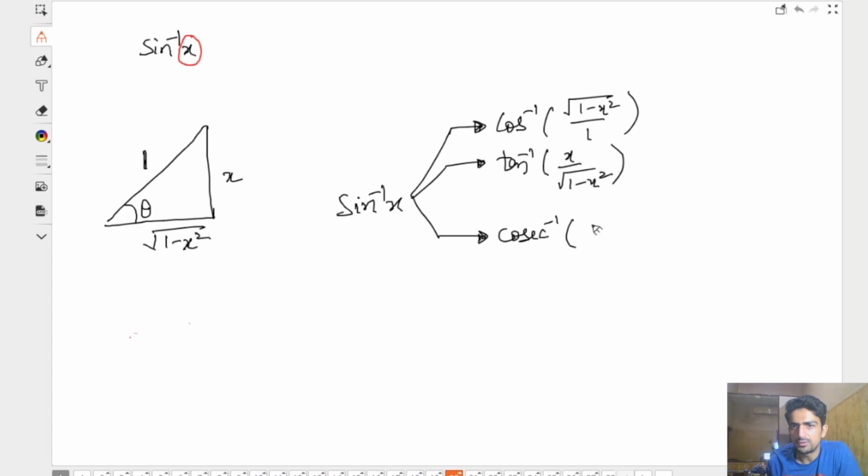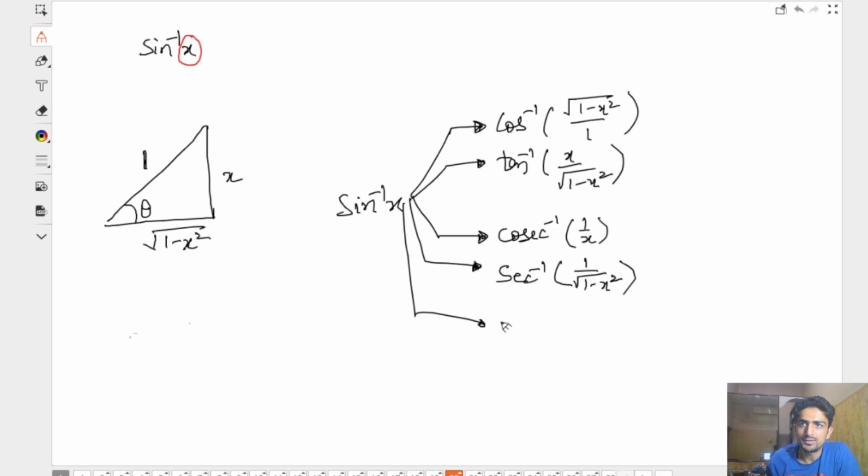Hypotenuse by perpendicular. Then secant inverse: hypotenuse by base. And last, cot inverse: root of 1 minus x square by x. That is how you will convert it.